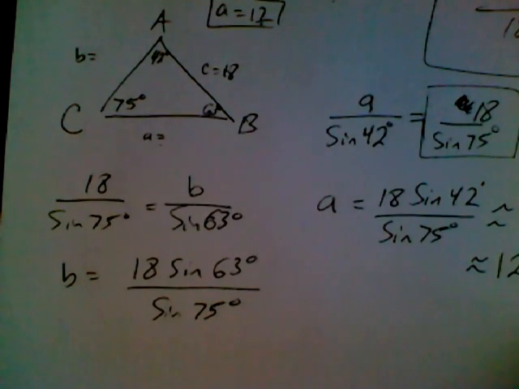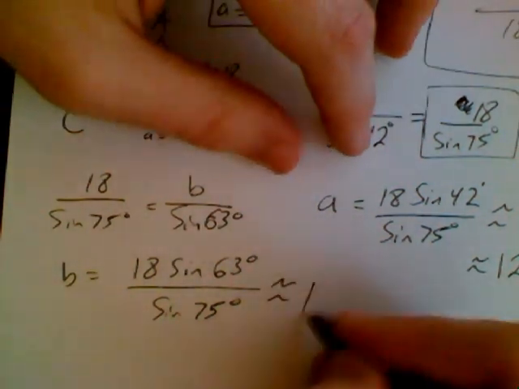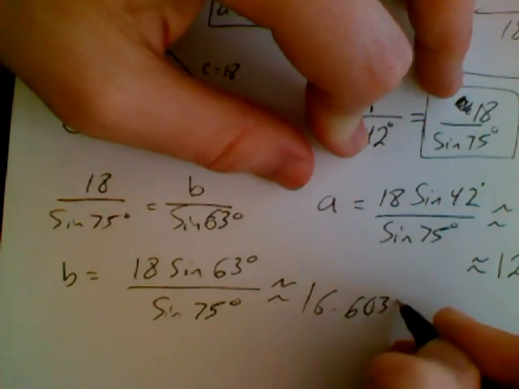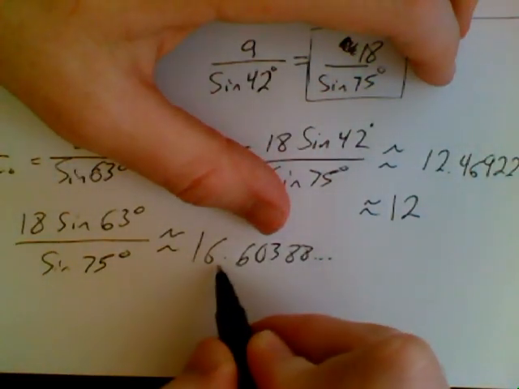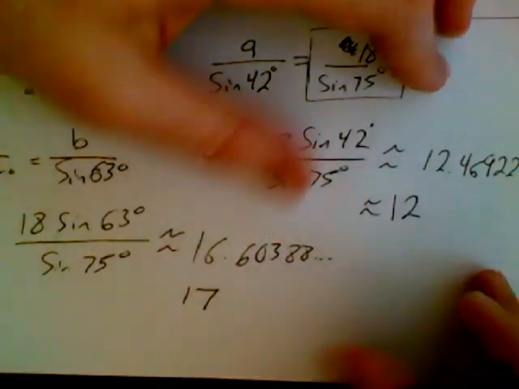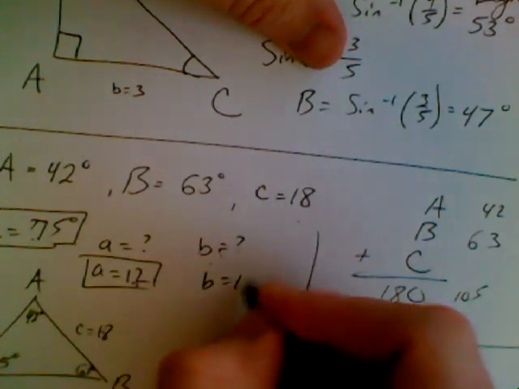So 18 sine of 63, divided by the sine of 75. And I get approximately 16.60388... Remembering, I want to round to the nearest whole number, so this is going to be approximately 17. So my b value is 17.